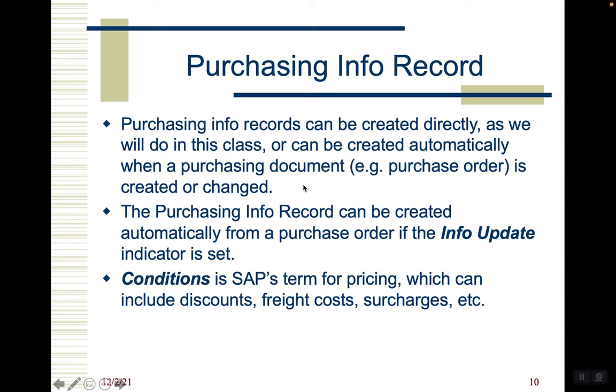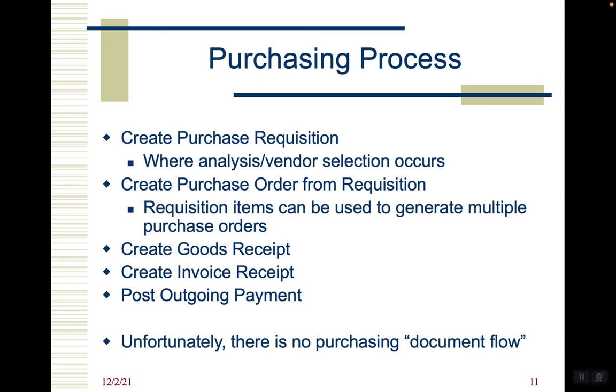We can create them directly, or there are capabilities in the SAP system that will do this automatically. So if we put a purchase order in, it'll automatically create or update the info record. This is part of the SAP processing.